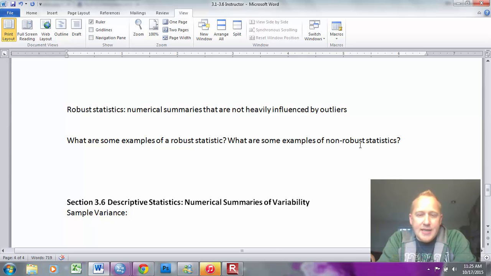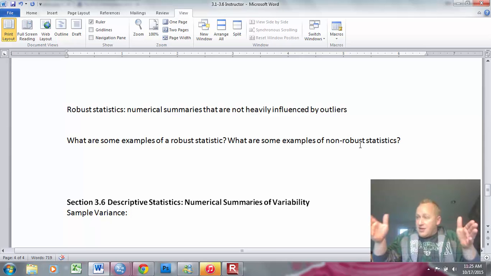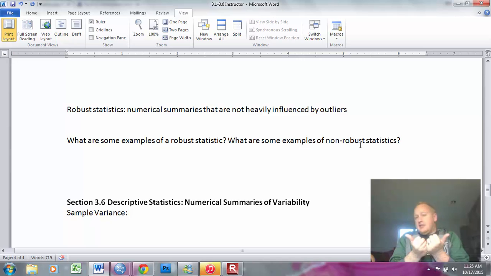So a couple quick examples of robust statistics. The median is a robust statistic because the median doesn't care how far out you are. It just cares if you're less than or greater than itself, because it needs to make sure that 50% of the data is on both sides. Q1, Q3, and therefore the IQR.